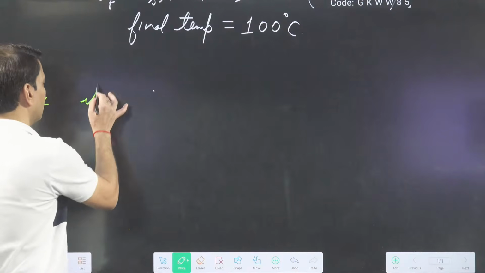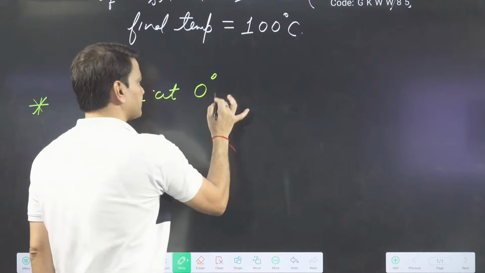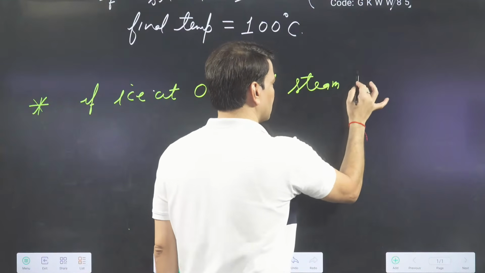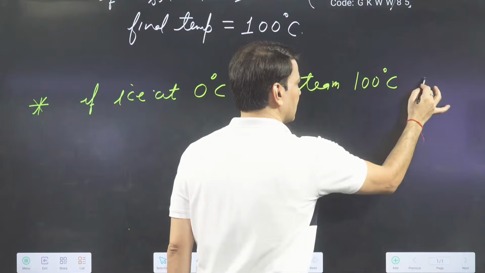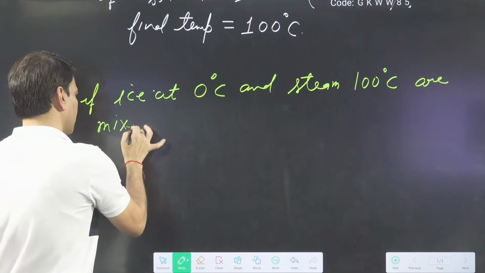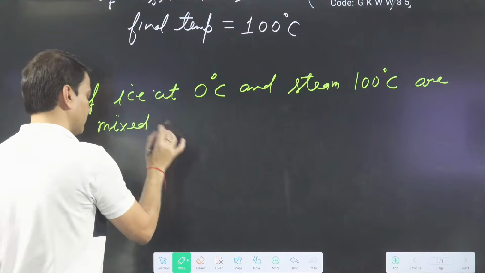Suppose ice at 0 degree C and steam at 100 degree C are mixed.